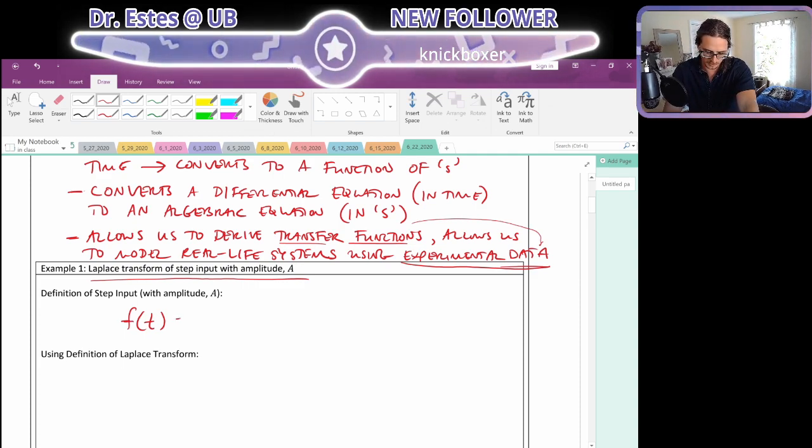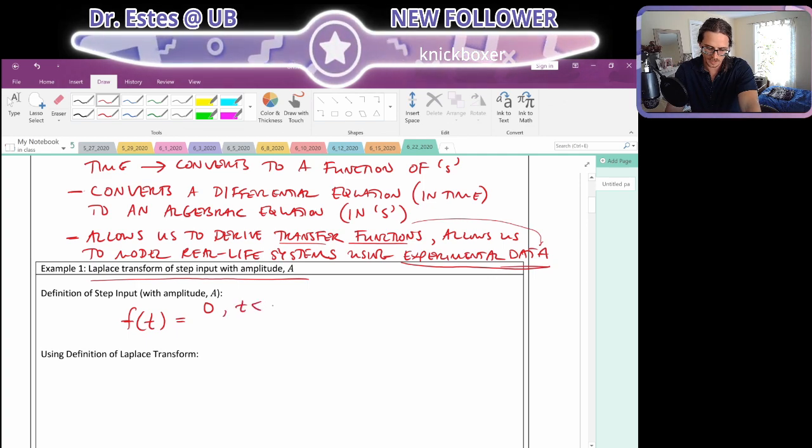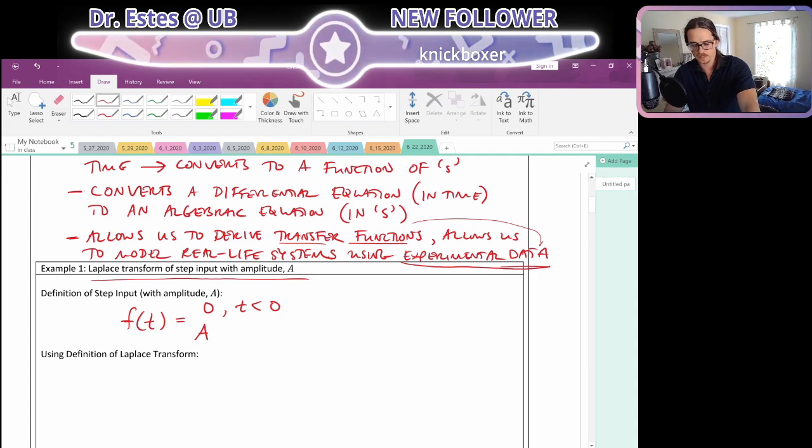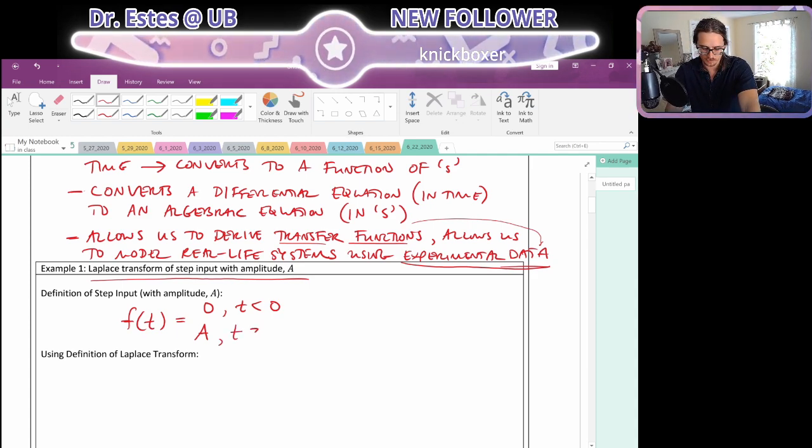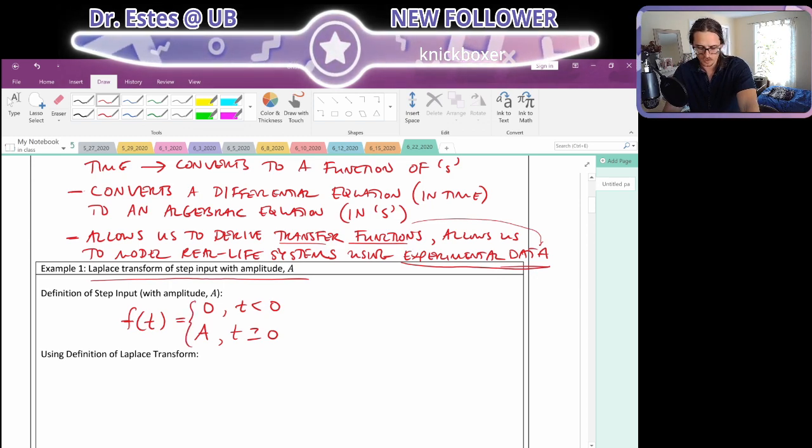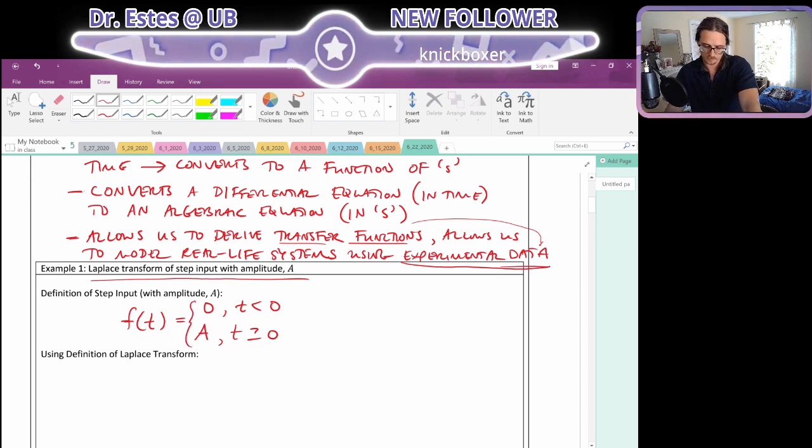It's a function of time, and a step input is 0 when time is less than 0, and then it immediately jumps to its set amplitude for time greater than or equal to 0, and then it just stays there.